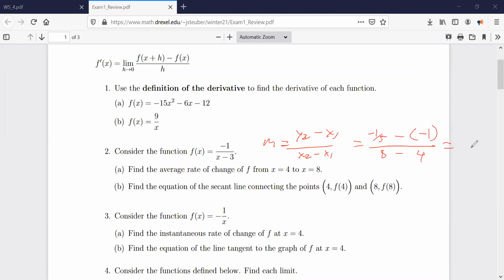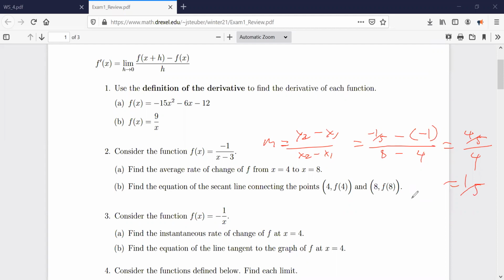So this guy right here is equal to 4 over 5 divided by 4. So that's equal to 1/5, right? So that is going to be the average rate of change over that distance. Does that make sense to people?